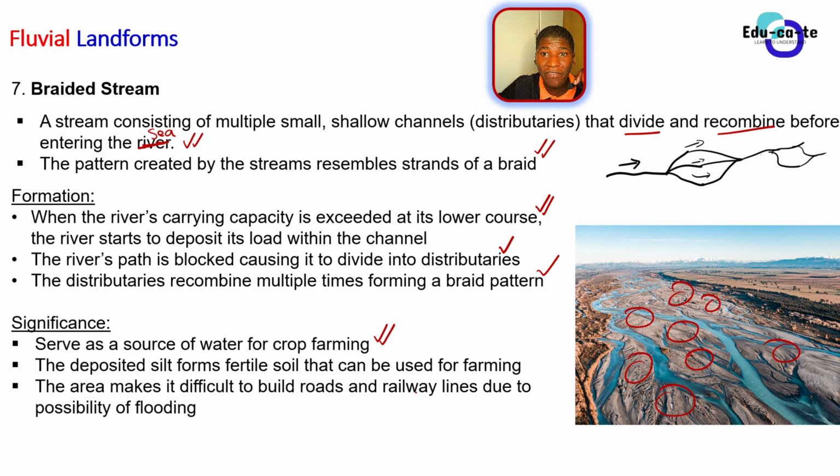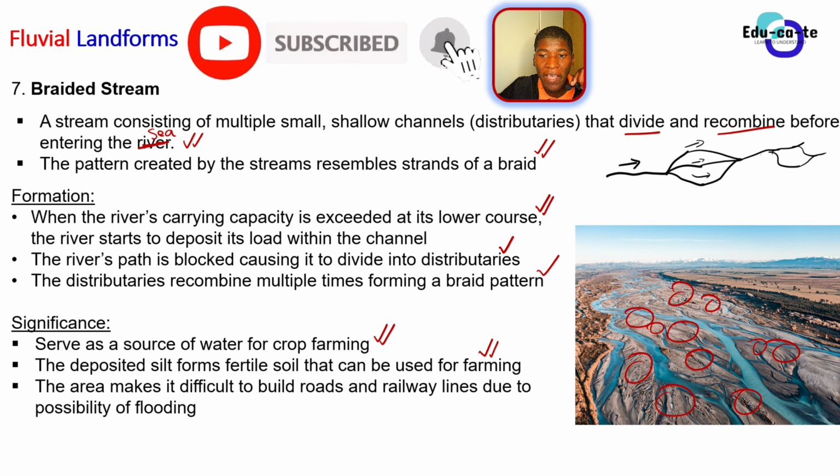It's very good for agricultural production and food security. The deposited silt forms fertile soil that can be used for farming as well. So this soil that I've been circling here, that has been deposited, or this alluvial land, is fertile enough for you to do some crop production, using the silt that has been deposited at the lower course in a braided stream.